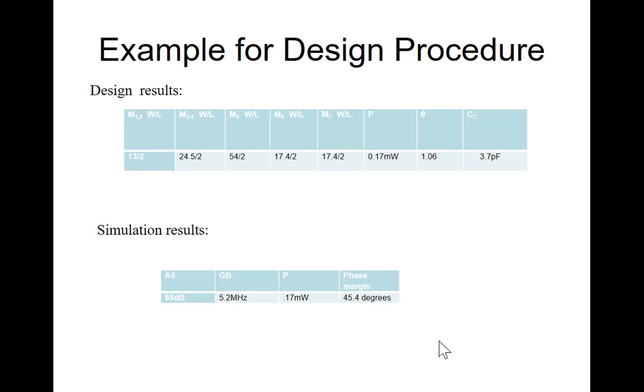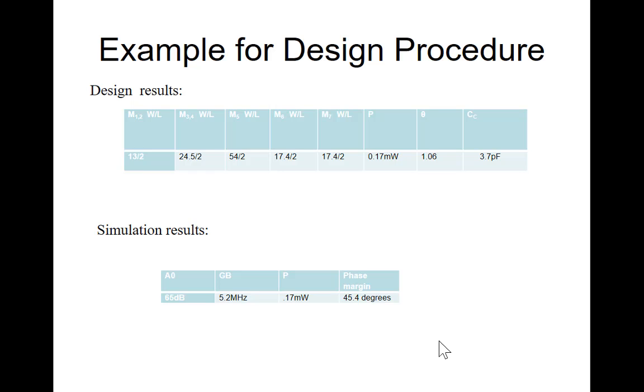Design results. In the design, I set all the L's to 2 microns. So here's what the design procedure I just went through gives me for this design, when I put in the value of 66 dBs, the 5 megahertz, and so forth. I simulated the structure after I designed it in SPICE, and I find that I have 5.2 megahertz GB.